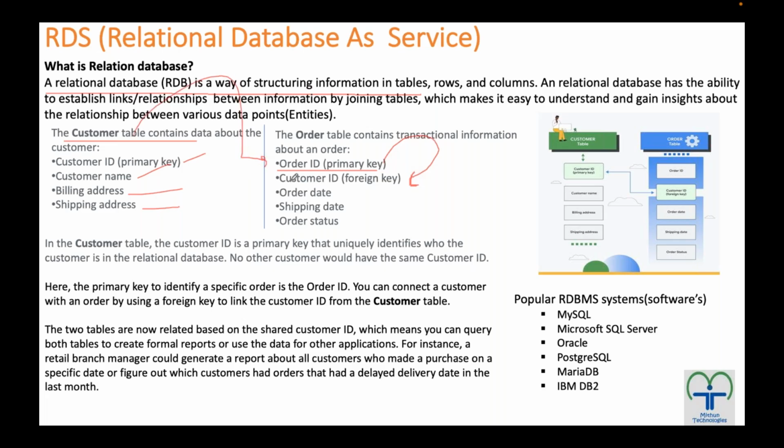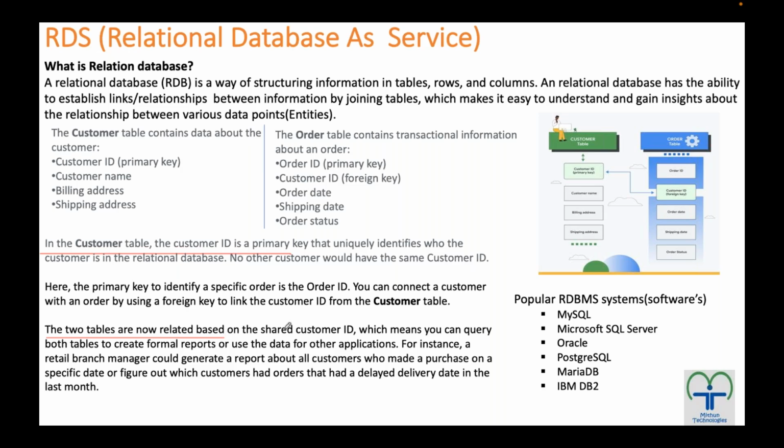So order ID, which customer placed that order, when the order was made, what is the order status, whether it is delivered or not, whether it is still there, when it is shipped. All this information can be maintained in a relational database in tables, rows, columns format. So these two tables are related, and there is a relationship between customers and orders.